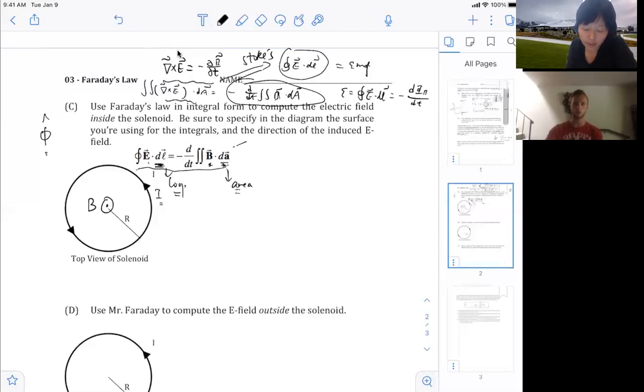Which means you have a little area dA with your area vector pointing up. So what does that mean about the loop that is bounded? This loop must be counterclockwise, right? dL would be counterclockwise. If your dL is in this direction, it gives you an open area pointing up. However, if you choose your dL clockwise, that gives you an area pointing down. Does that make sense?